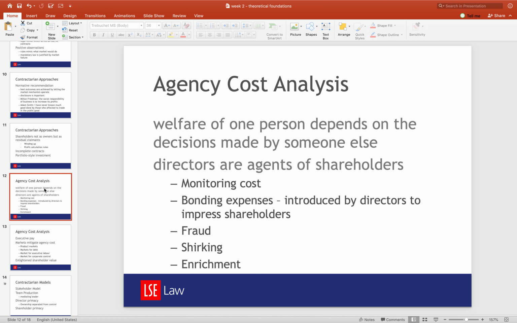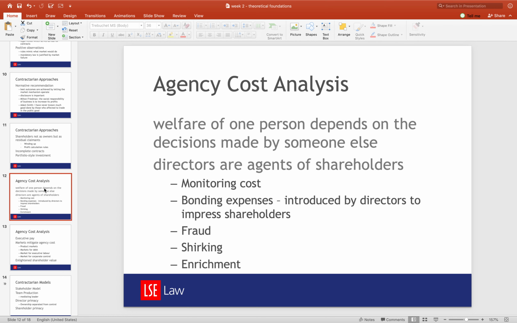And because directors' and shareholders' interests aren't aligned, cost arises. And that cost is the cost of monitoring. Then things called bonding expenses. So that's the monies directors spend on things that impress shareholders.